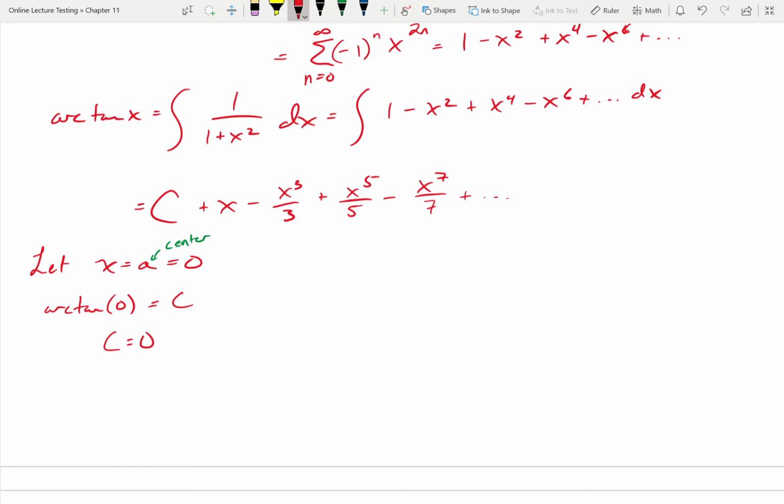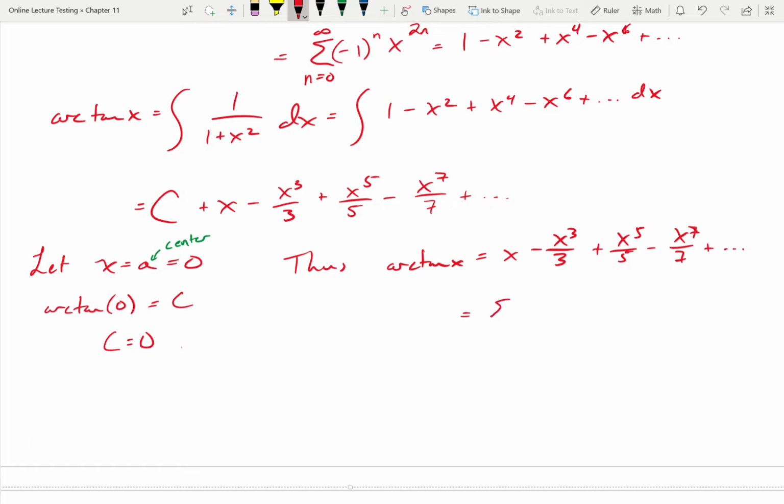Thus, arctangent of x is equal to the series of just x minus x cubed over 3 plus x to the 5th over 5 minus x to the 7th over 7 plus so on, which its series representation is going to equal, as n goes from 0 to infinity, of negative 1 to the n, so we're starting out positive, and then we're going to have x to the 2n plus 1 all divided by 2n plus 1.